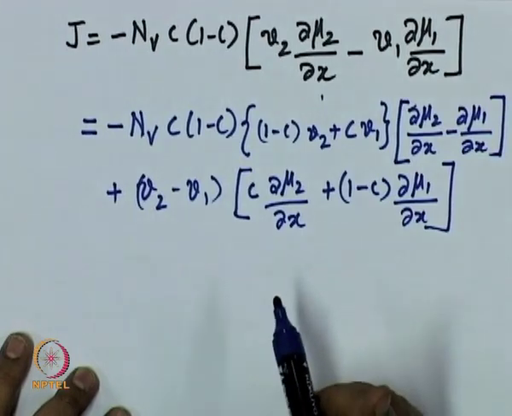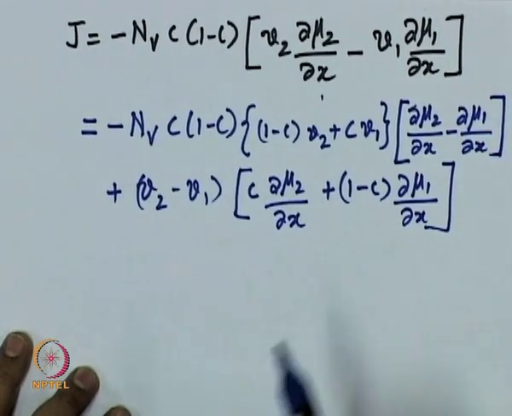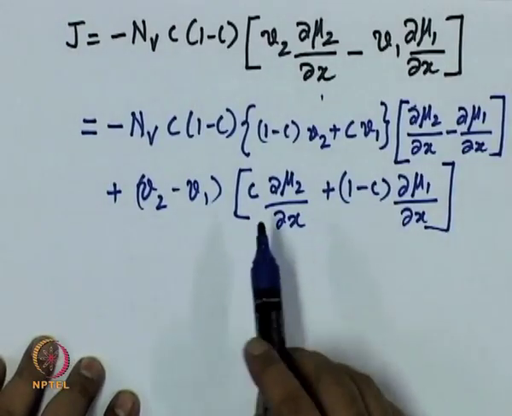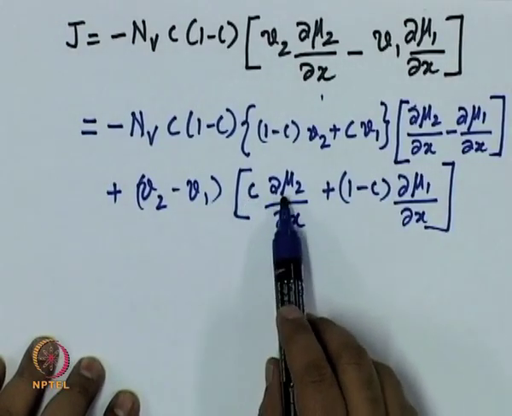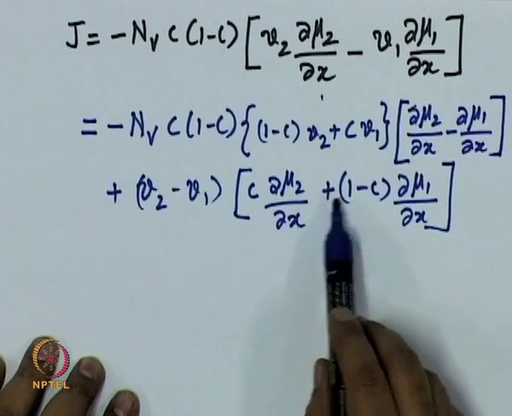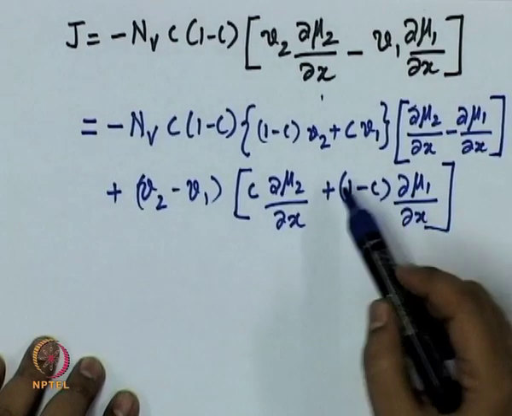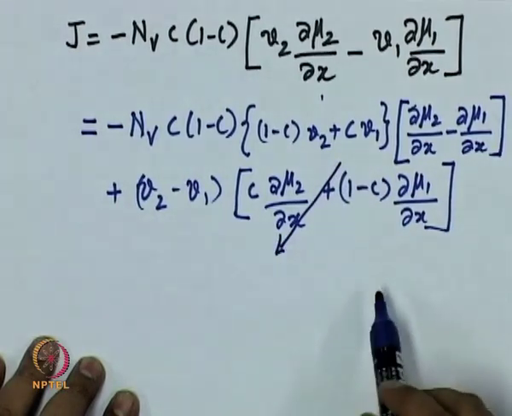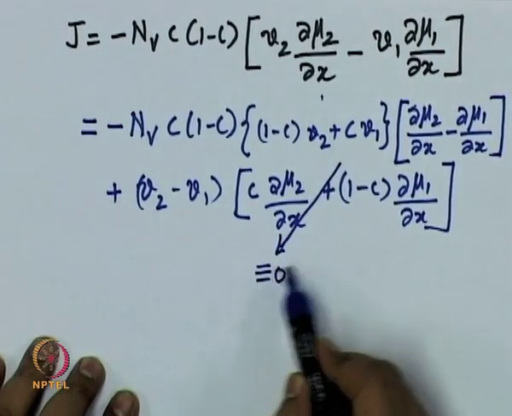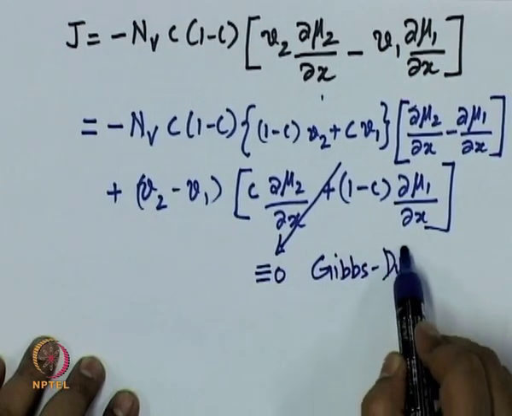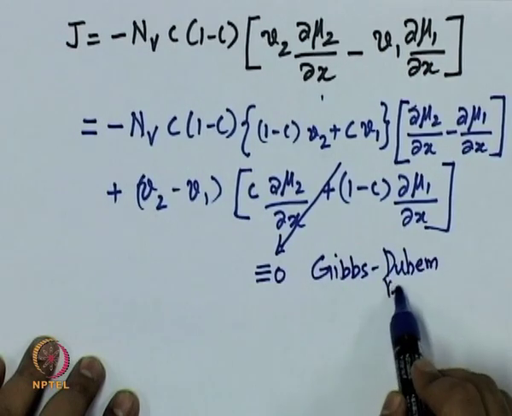The reason why I am doing that is that, as you might have studied in your materials thermodynamics course, C times dμ2 plus (1 minus C) times dμ1 is equal to 0 by what is known as the Gibbs-Duhem relationship.